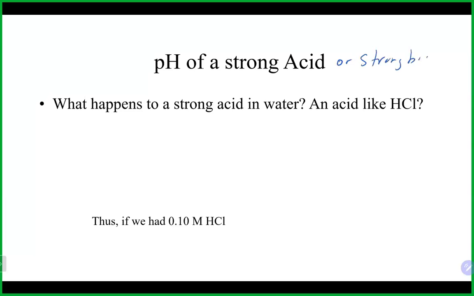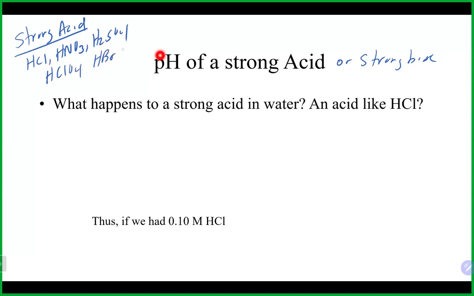Remember that our strong acids, there's that list that you should know: hydrochloric acid, nitric acid, sulfuric acid, perchloric acid, hydrobromic acid, hydriodic acid. Remember that a lot of our strong bases are things like sodium hydroxide, potassium hydroxide, a little calcium hydroxide, and going downward, strontium hydroxide, along with lithium hydroxide as well, are strong bases.